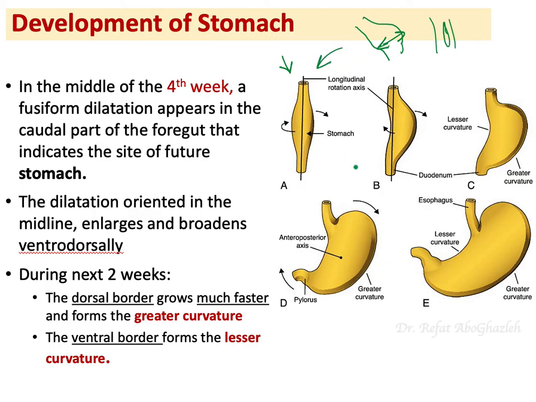Now, during the next 2 weeks, the dorsal border you see here grows much faster than the ventral.